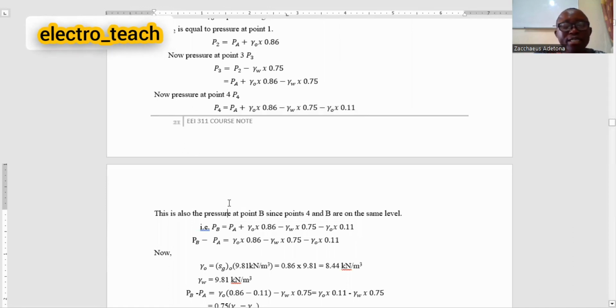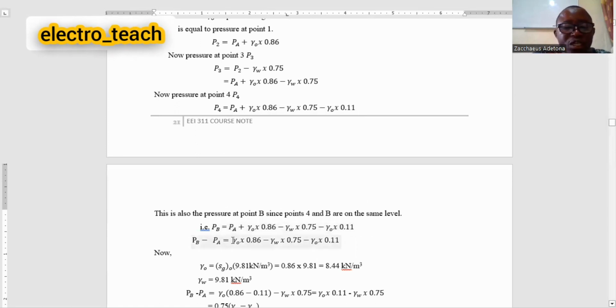So if you simplify this, the pressure at point 4, which is actually pressure at point B, can be expressed in terms of pressure at point A like this. PB equals PA plus gamma of oil times 0.86 minus gamma of water times 0.75 minus gamma of oil times 0.11.